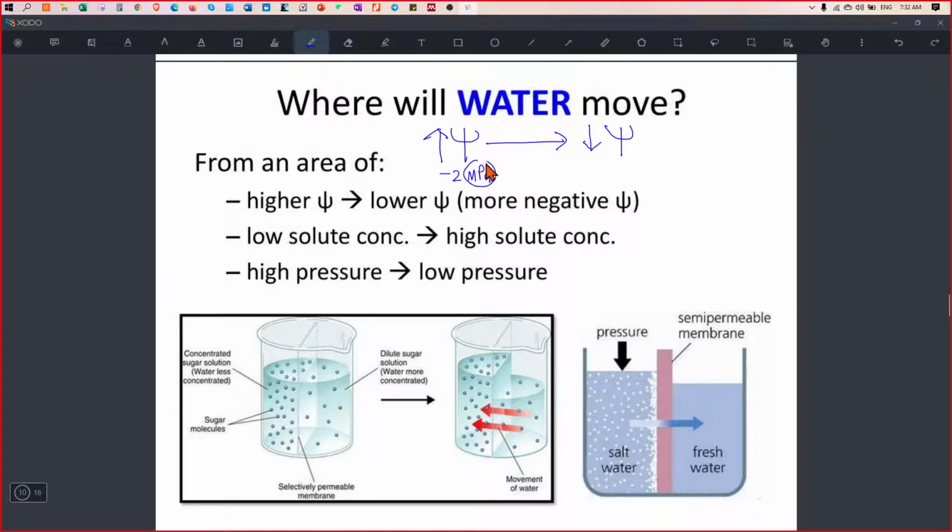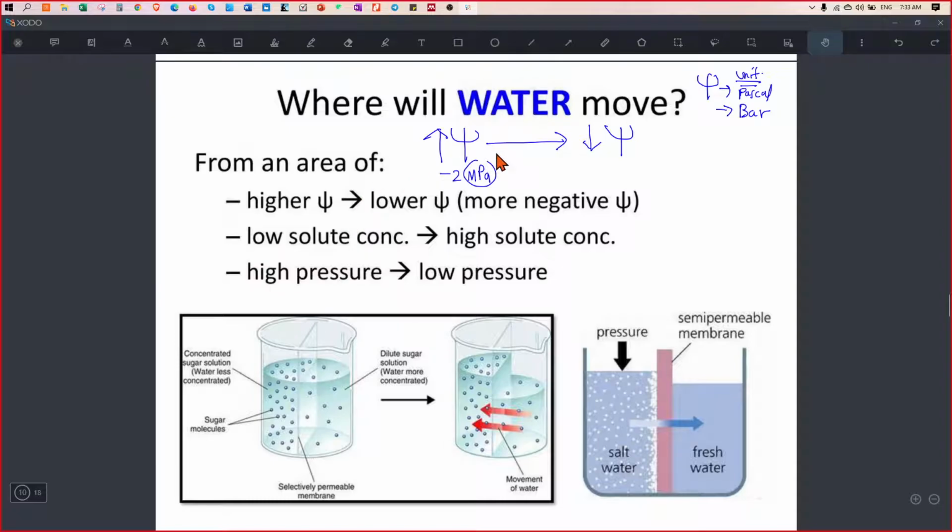Megapascal is the unit of water potential. The unit can be pascal or bar, because it talks about pressure. You might think, isn't pascal and bar something like the pressure of your tire? Yes, it's the same pascal, the same bar.